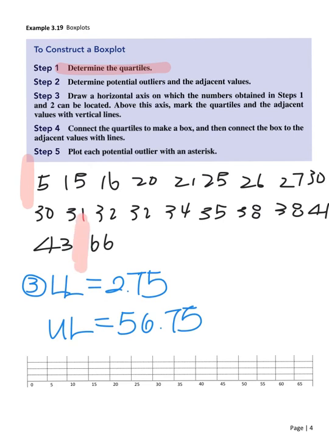Here we have one case bigger than the upper limit, 56.75: 66, the maximum. It is the outlier. So in step number 4, we determine the outlier, 66.